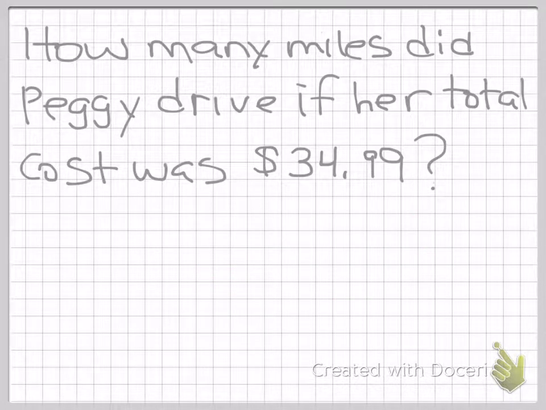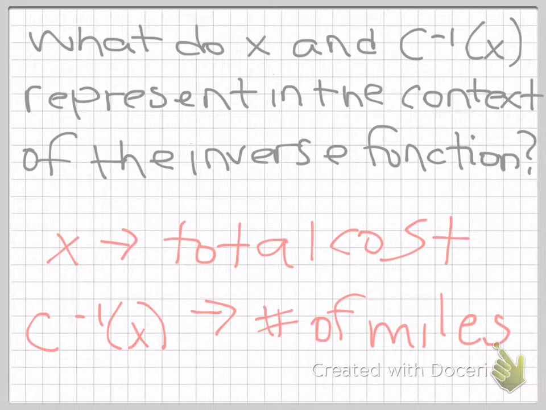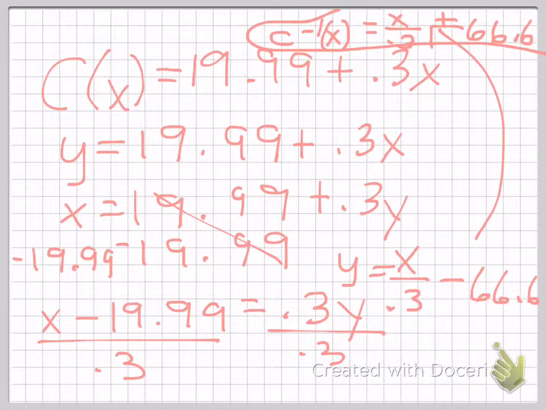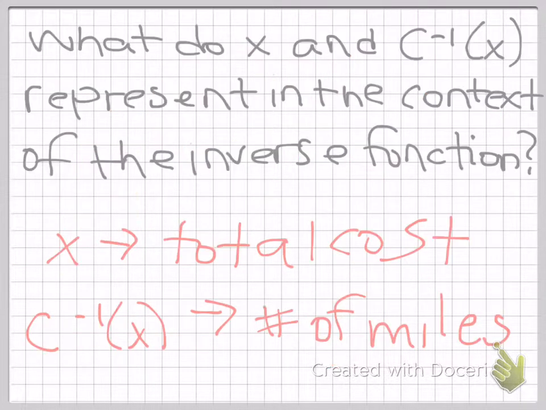And the third one is how many miles did Peggy drive if her total cost was $34.99. We're going to use the inverse function and basically solve for c to the negative 1 of x. So we're going to plug in $34.99 for x.